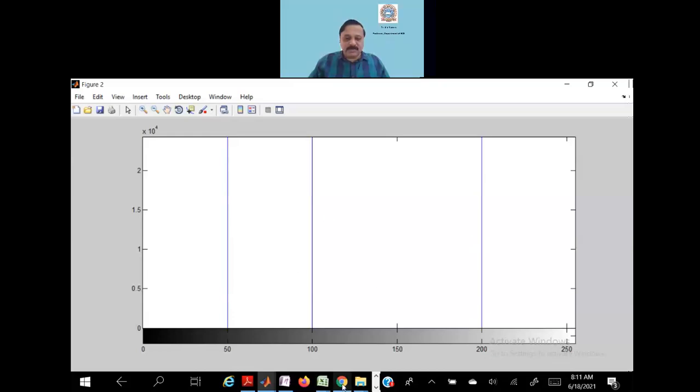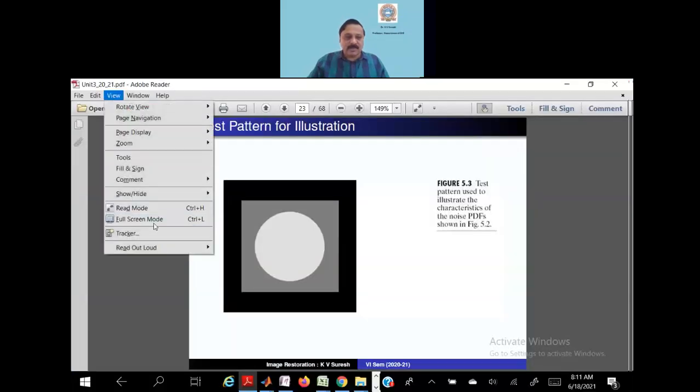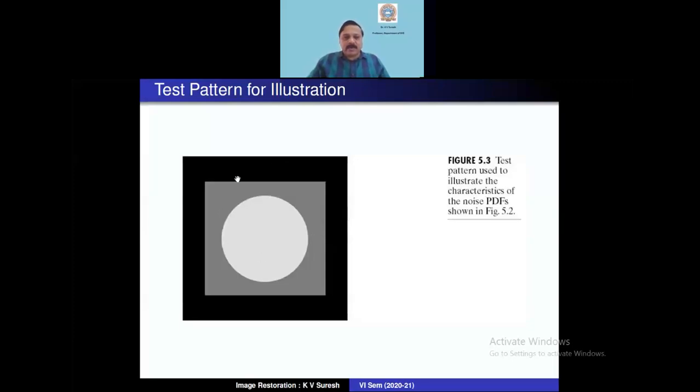Now, what is the use of this? Let us go back to our discussions. I'll use this as a test pattern. Now, when I corrupt this with a different type of noise, I'll plot the histogram and see what the shape looks like.